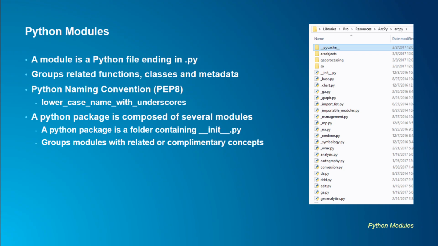And there's a very important distinction to make between a Python package and a Python module. A Python package is actually when you have a folder filled with .py files, modules, and then you have a double underscore init file in there as well. And that essentially tells Python that that entire folder has contents that it should recognize.